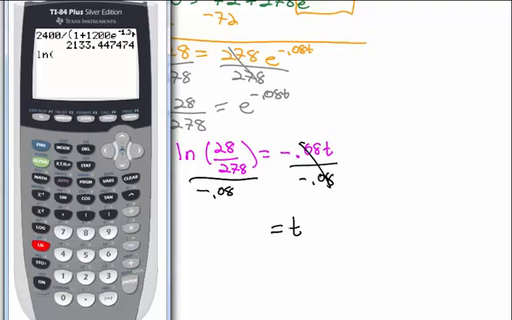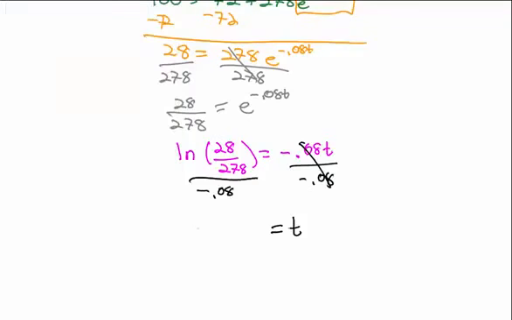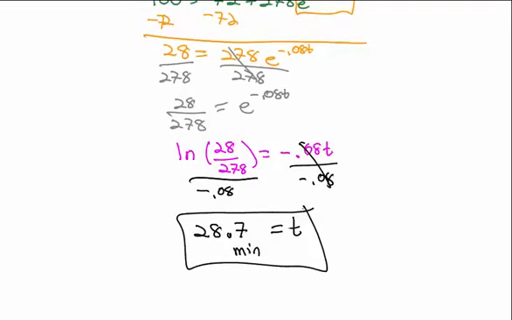Natural log automatically opens up parentheses, 28 divided by 278, close the parentheses, and then divide by negative 0.08, hit enter, and we get 28.7 minutes. So this pizza at 350 degrees, in 28 minutes will cool down to a mere 100 degrees.